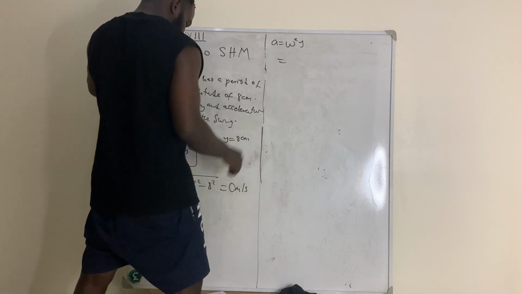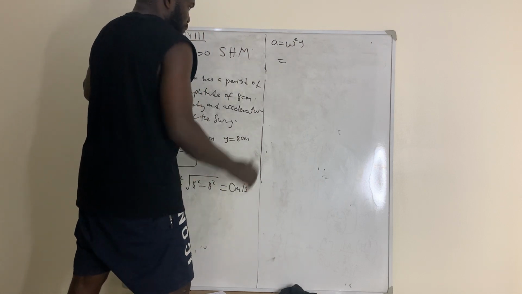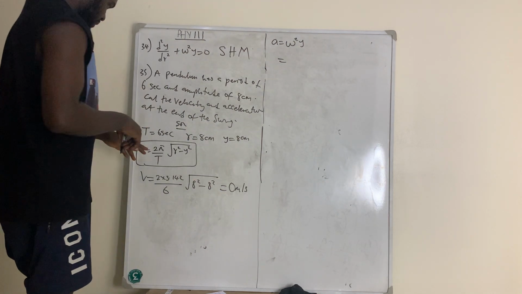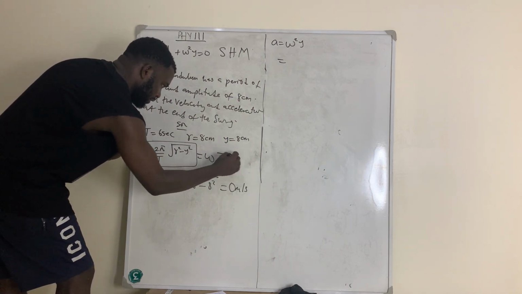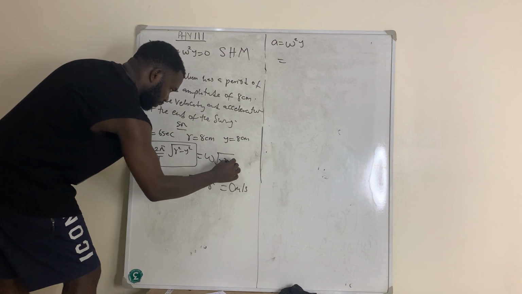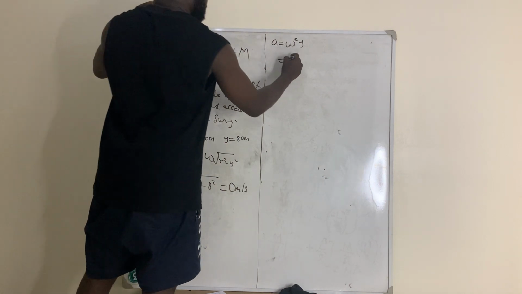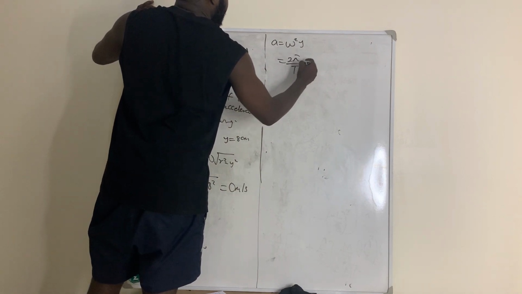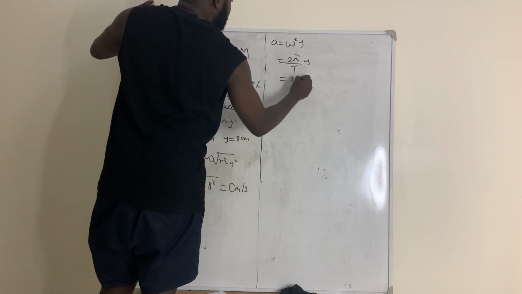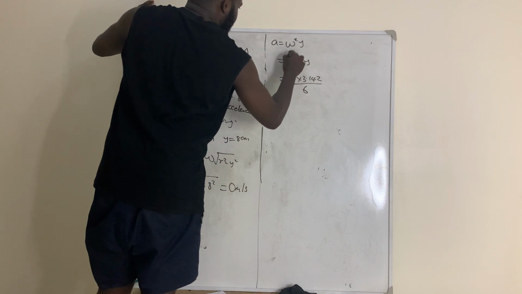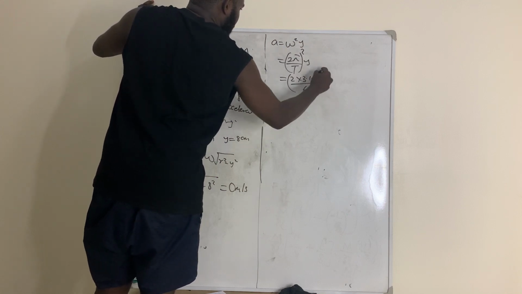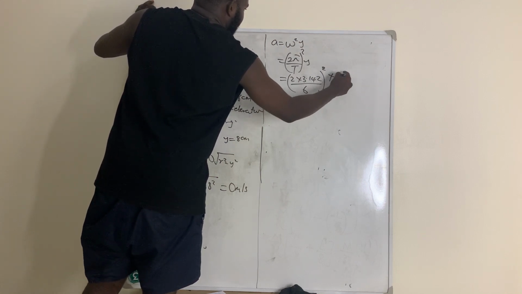And don't forget that your omega is simply 2 pi over T. Then my y. So which is 2 times 3.142, all over 6. Don't forget that there is squared here. All squared times my 8.